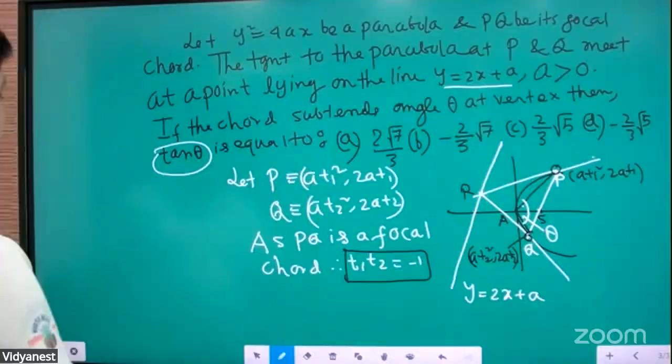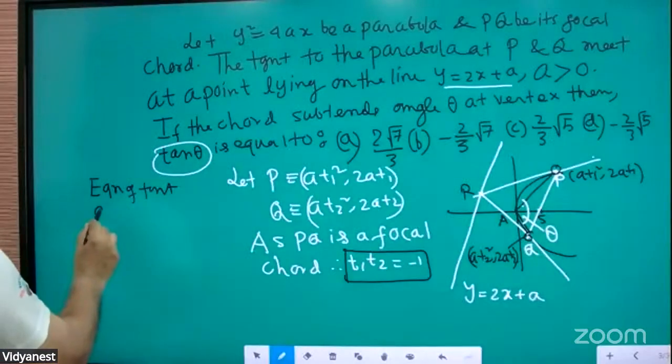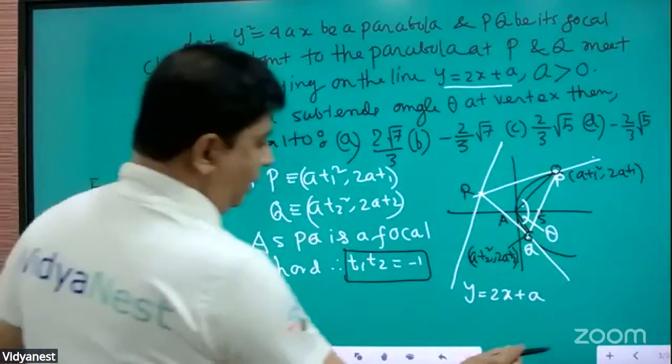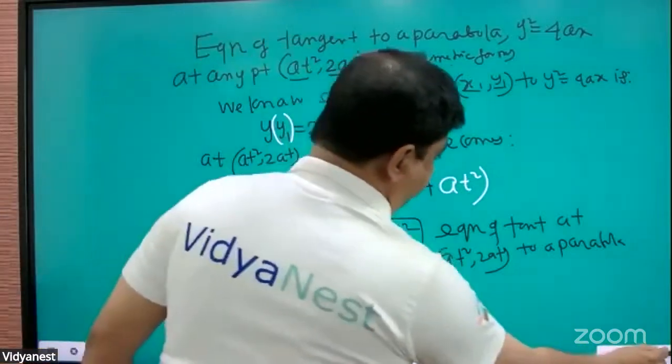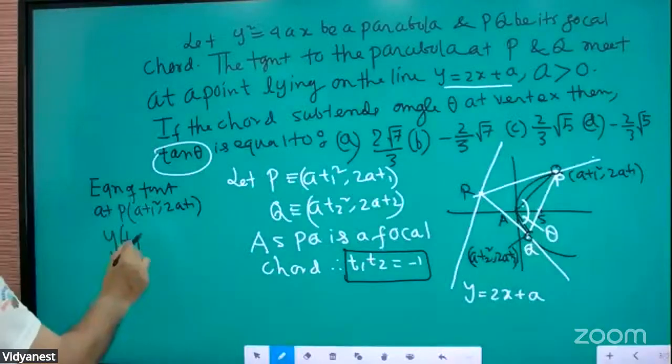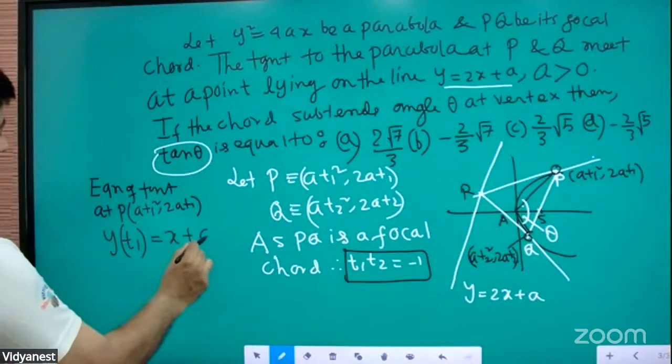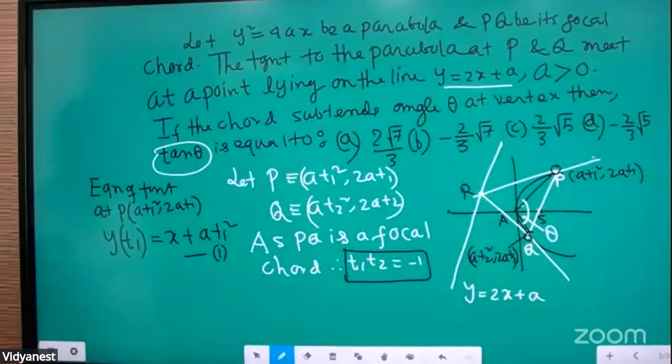So the equation of the tangent at P, (a t1 square, 2a t1), is y t1 is equal to x plus a t1 square. This is equation number 1.